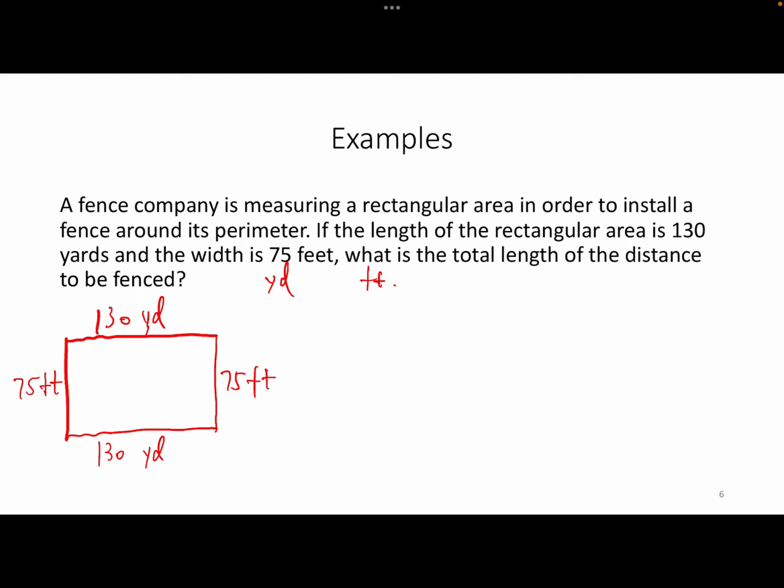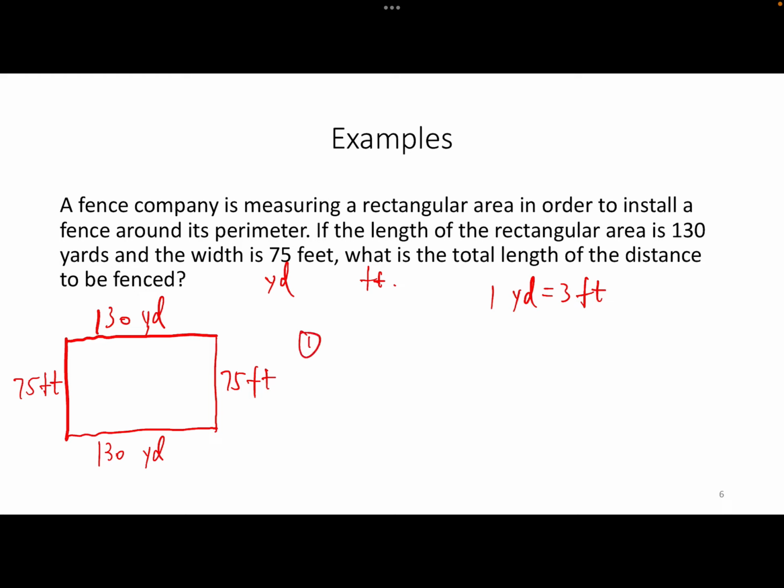Think about it. So 1 yard equals 3 feet. That's the conversion factor. It's up to you whether you want all four sides converted to yards or all converted to feet. Let's just do both.